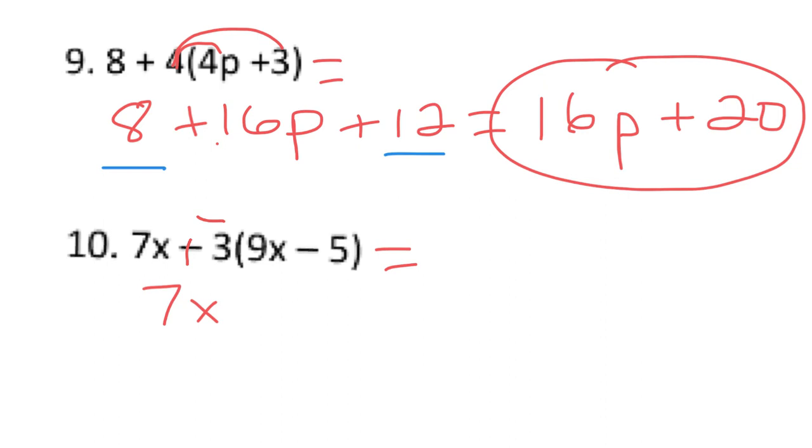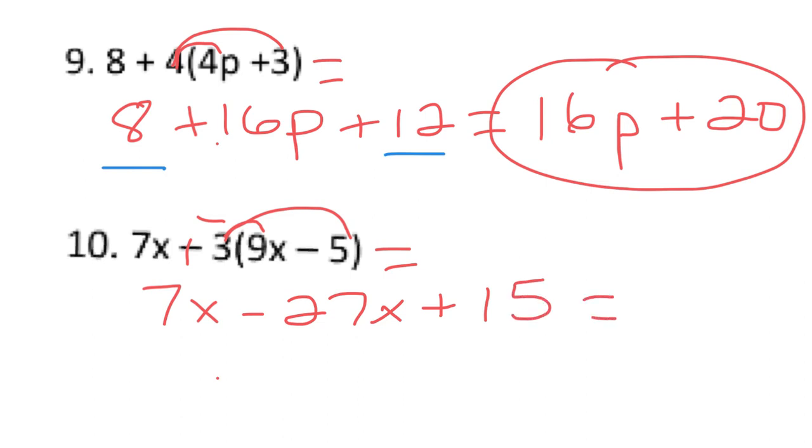So what we want to do is take -3 times 9x and -3 times -5. So we get -3 times 9x is -27x, and -3 times -5 is positive 15.